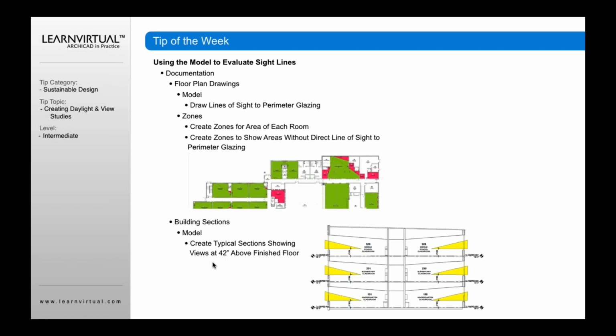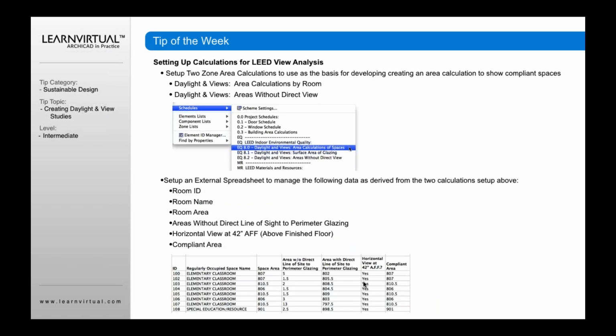You can also use the building sections to do a section through the building and then show views at 40 inches above finished floor. So all this can also be developed directly out of the model as part of your documentation. And again, as I was just mentioning, not only can we do surface area of glazing, we can also do area calculations of spaces by room or without direct view.